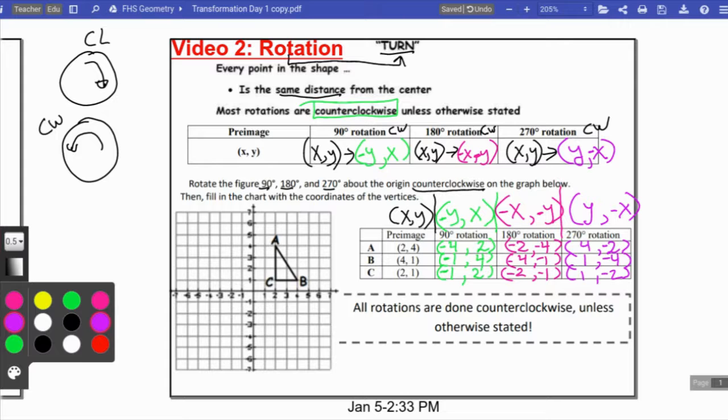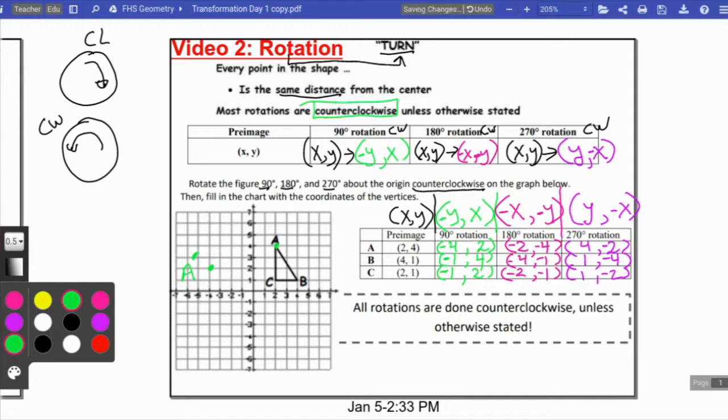Now that I have those points written, all you have to do is plot them. Let's do the first one, the 90-degree counterclockwise, the green one. A is right here. The new one is located at (-4, 2). Here's the new A, I'm going to call it A prime.